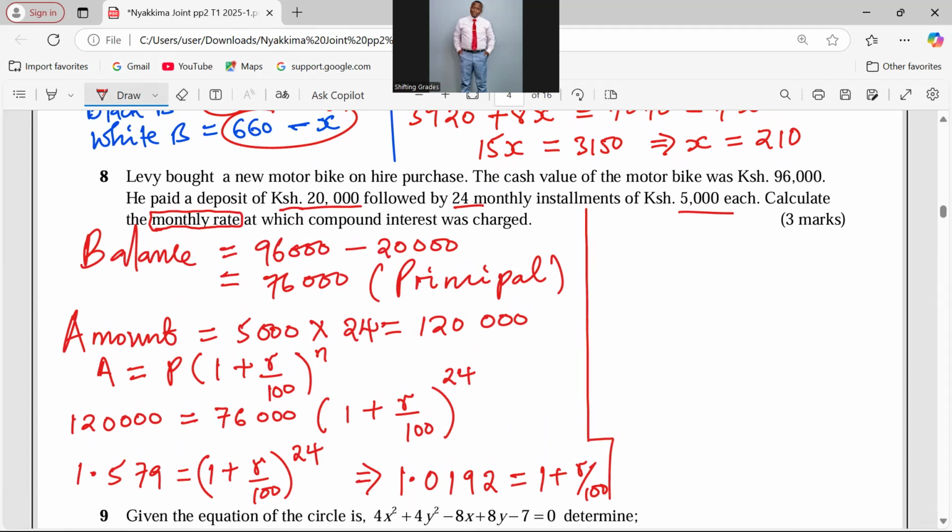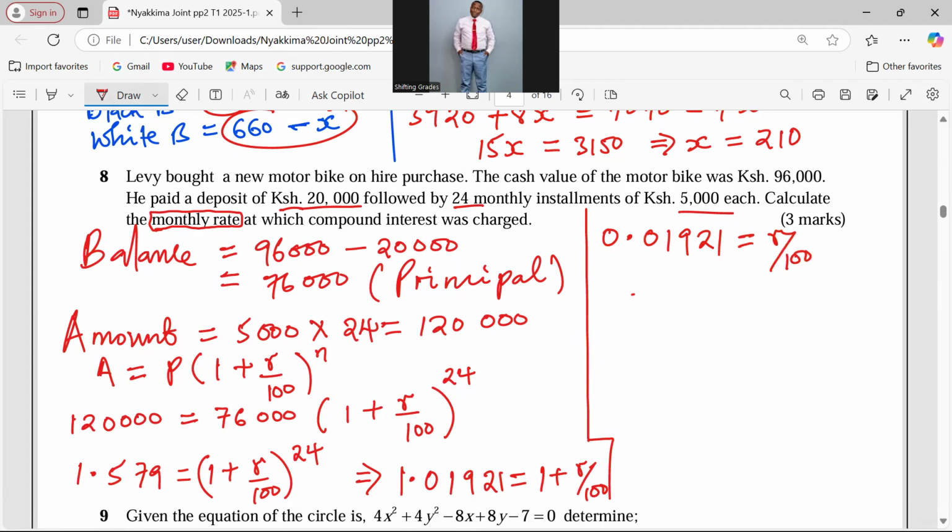So at that point, we can subtract 1 from the other side, remaining with 0.0192. I can even add another digit there so that we may have an accuracy of 4 significant figures, r over 100.